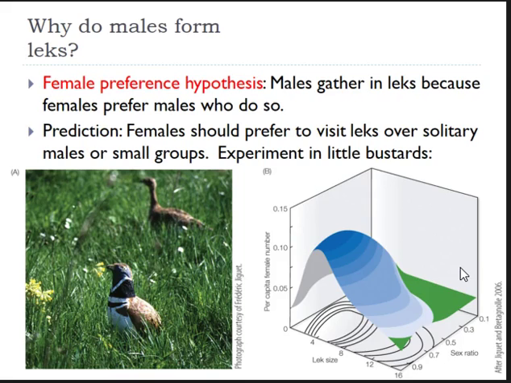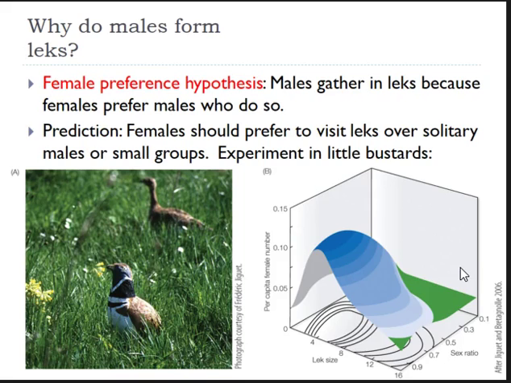And what they found is that, up to a point, as they increased the size of the lek, so as they went from 1 individual to 2 individuals to 4 individuals to 8 individuals, as you increase lek size, you also tended to see an increase in the number of females that will flock to that location. So that's sort of like this upward part of the curve. Now there did seem to be sort of a maximum, and this part doesn't support this explanation, where once you get above 8 or so, the number really drops off, and so you're not getting females gathering in locations where there's huge numbers of males.